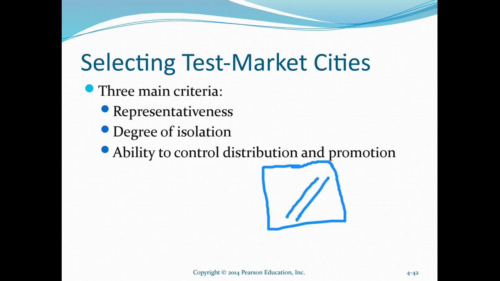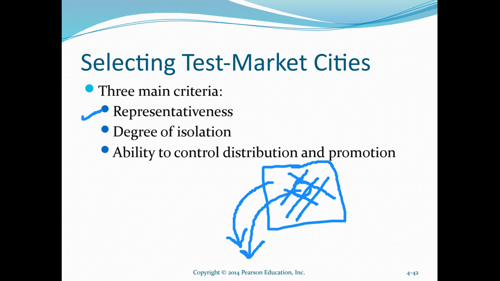One criterion is that it should be representative of the whole population. If we choose one city, it should give us the same kind of responses we would have gotten from the whole population.